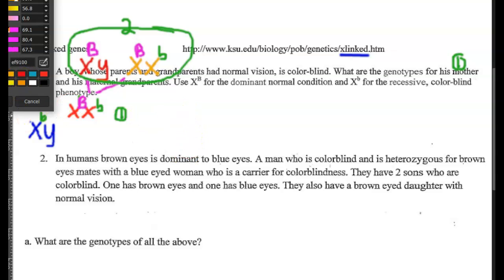It's kind of brown. So big B is going to be brown. Alright, I'll just put it over here. And this is going to be recessive.